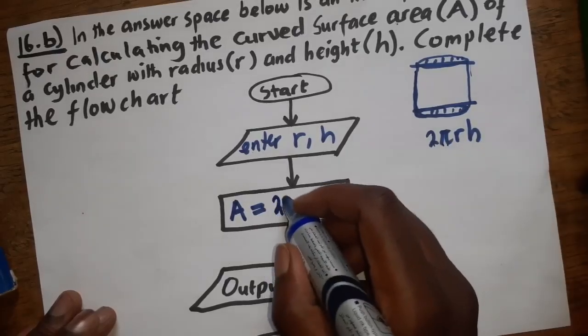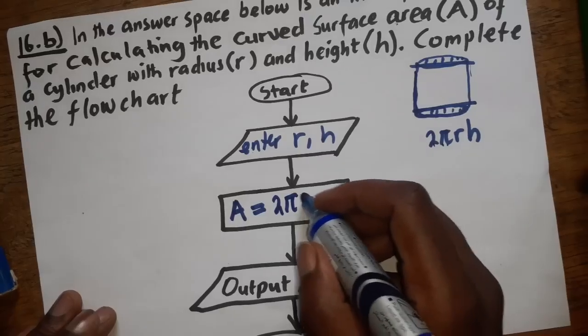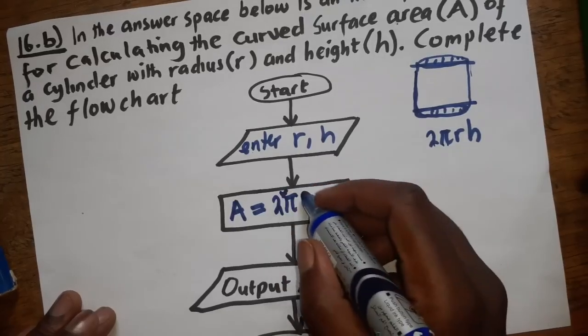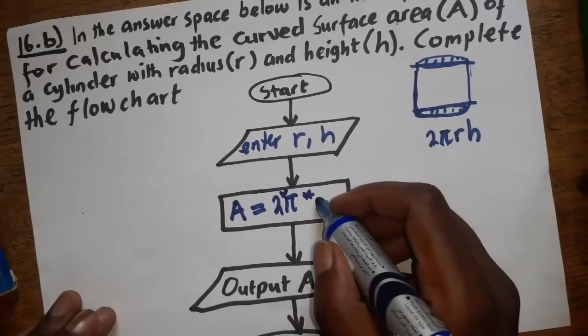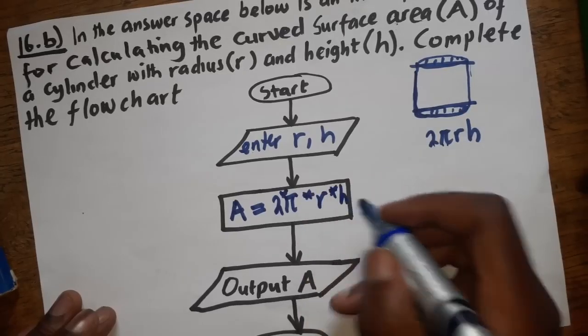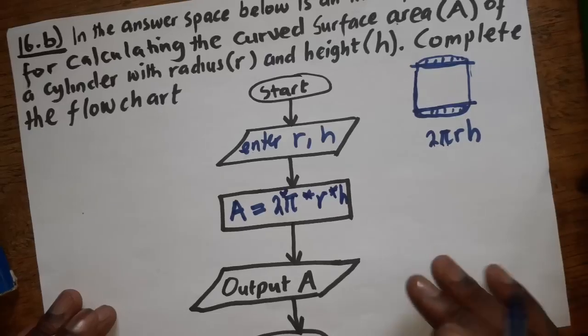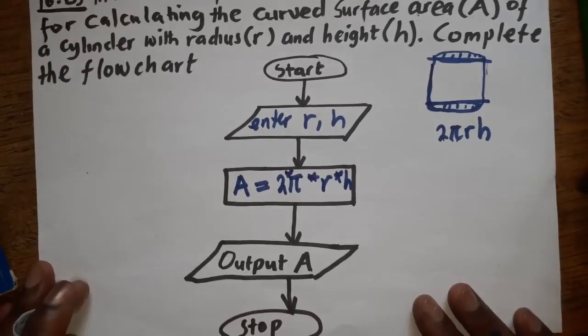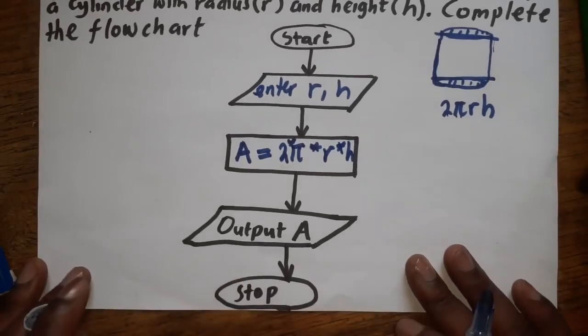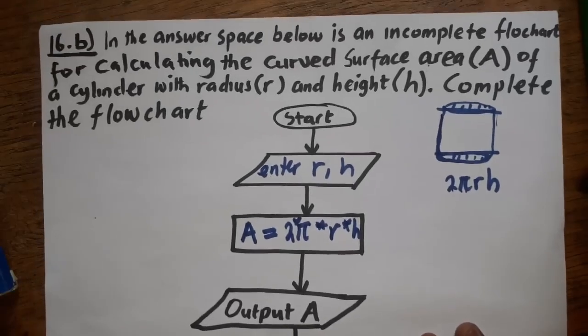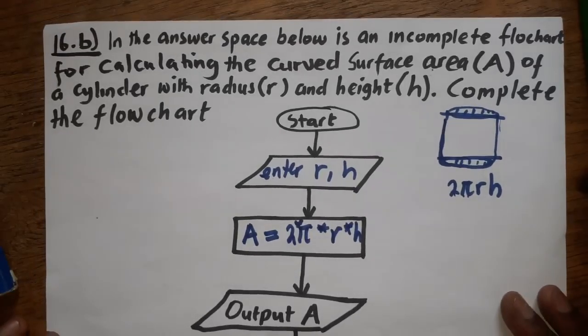So we say 2 pi, remember, we are multiplying. This is what we are supposed to write. Everything is already done. It's only those two parts that we're supposed to do. This is our 16B.